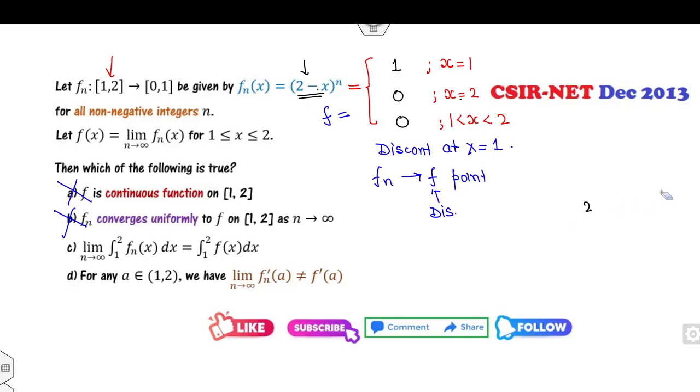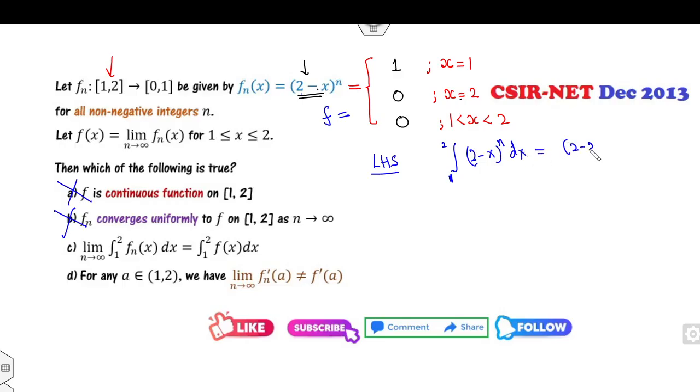Now look at the third option. The limit of the integral from 1 to 2 of fn. If I look at the left-hand side, what is the limit? Fn is 2 minus x raised to power n. So what is the answer of this? With respect to x, it is minus (2 minus x) to the power n plus 1 over n plus 1, from 1 to 2.